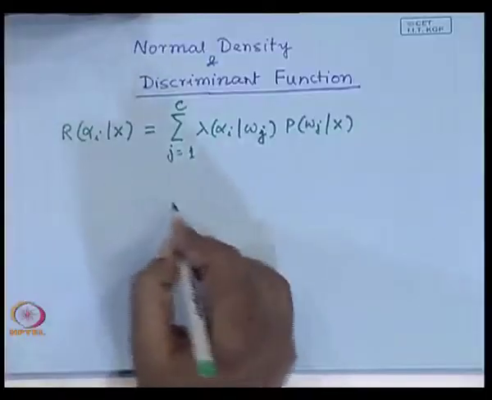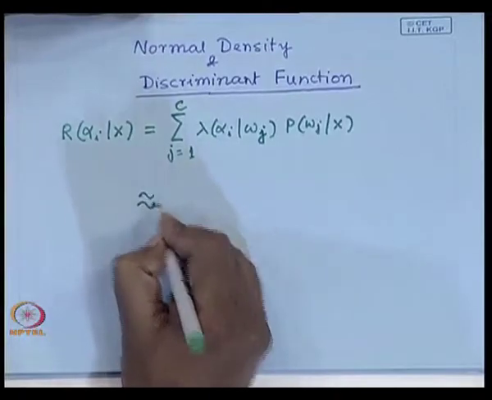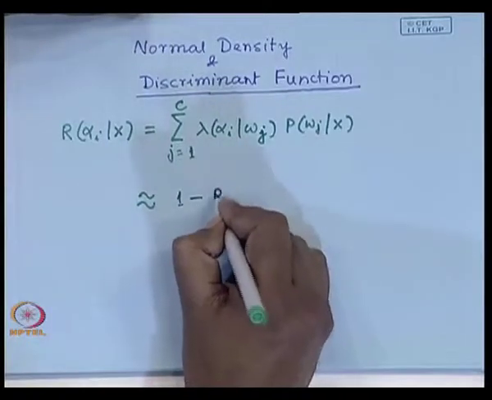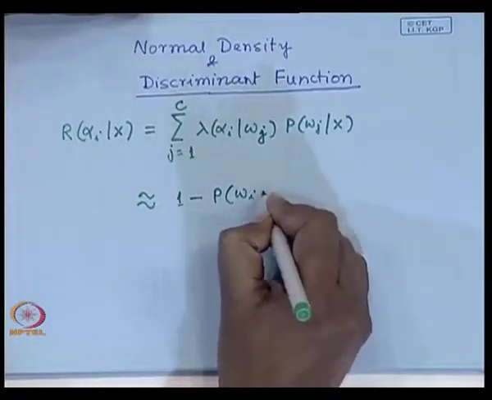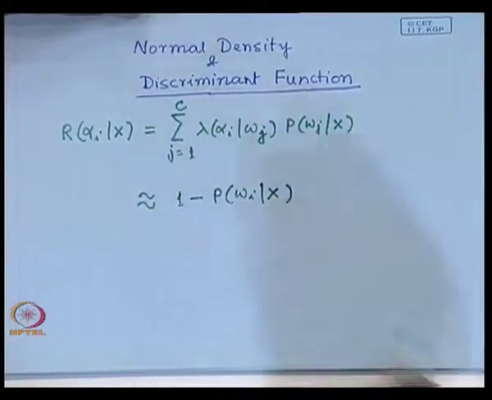And then we have said that we can derive another classifier, which is minimum error rate classifier, from this Bayes minimum risk classifier, where this risk function we have said that it can be reduced in the form of 1 minus p of omega I given x.